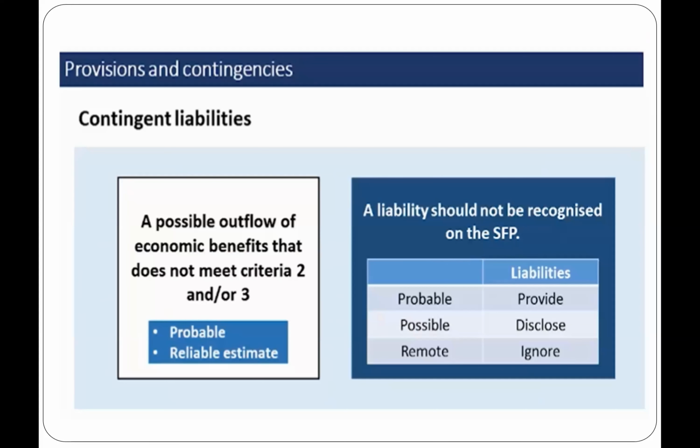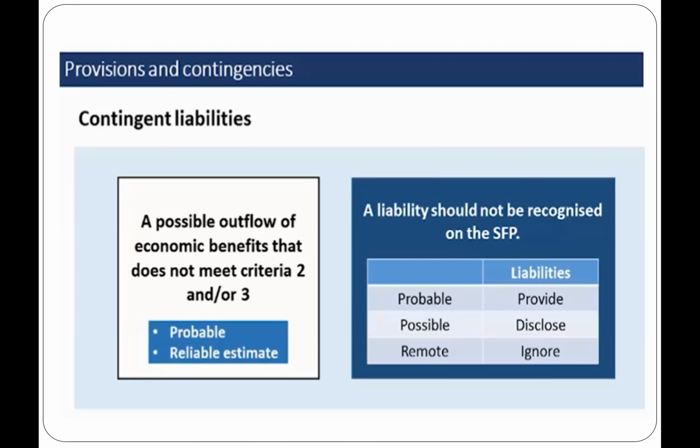Otherwise, it's not a contingent liability. The fact that we are saying it's a liability means there must be an obligation. So condition 1 must always be met, whether it's a provision or a contingent liability. Then number 2 and number 3 are the probability and the reliable estimate. So if it does not meet the probability criteria, but it meets the reliable estimate criteria and the liability criteria, it becomes a contingent liability.